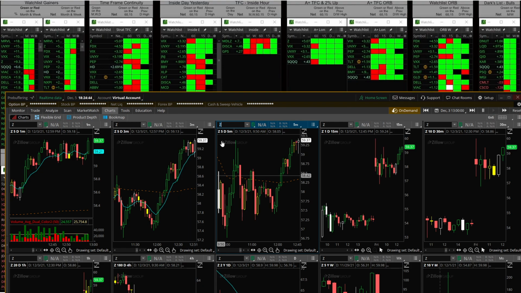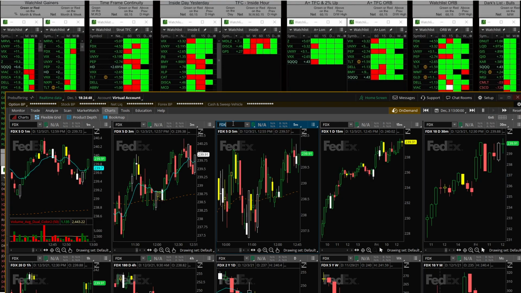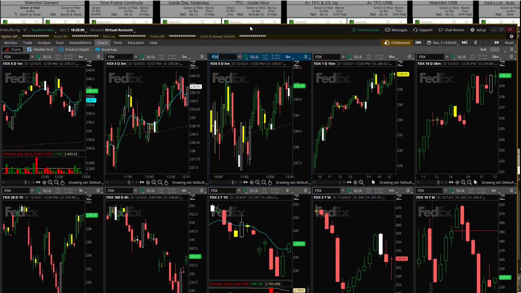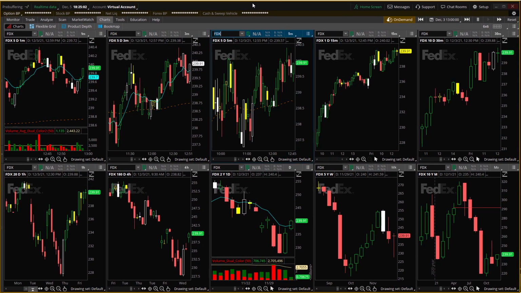Okay, FDX. Let's try to get one here that's not green all the way down. Okay, so FedEx was green on the month, week, day, just to show up on this list, green on the 60, red on the 15, but still trading above the previous day's high. Okay, so let's take a look and see what that looks like.